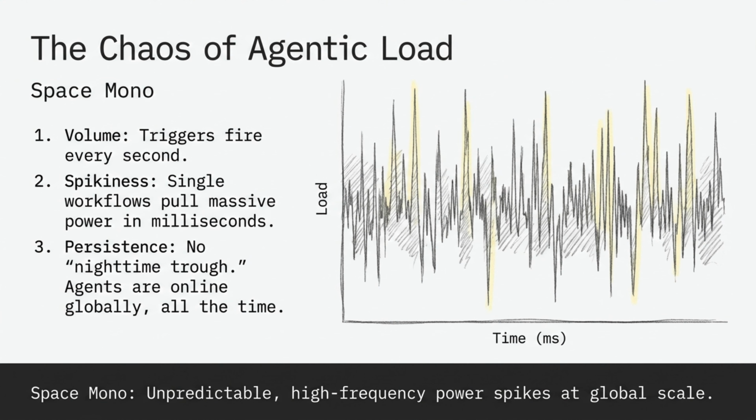First, the number of calls explodes, not a few prompts per day, but continuous workloads with triggers firing every minute or every second. Second, the load becomes extremely spiky on very short timescales. A single workflow or event can pull a lot of power in just a few milliseconds. Third, there's no longer a clean nighttime trough, because the agents are online all the time on every continent.